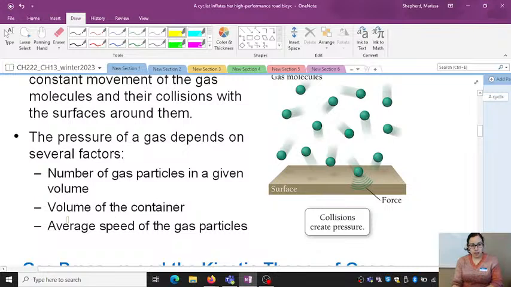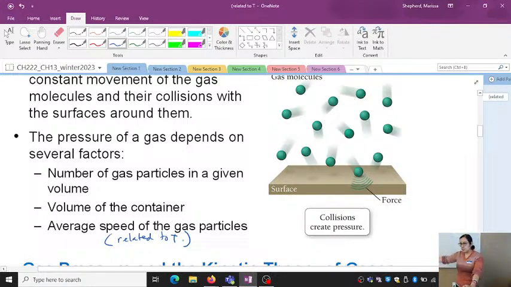What volume the container has: we'll see how we can change the volume and what effect that has. And then the average speed of the gas particles. Speed is related to temperature, so as temperature increases, that gives it more kinetic energy, which makes it move faster.